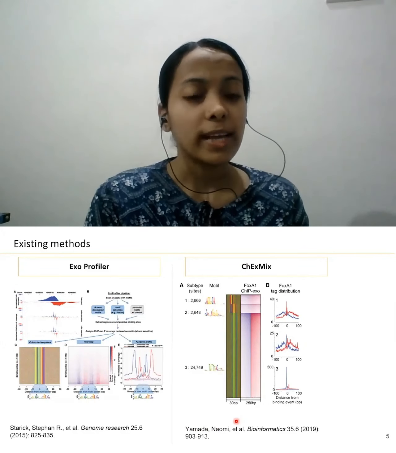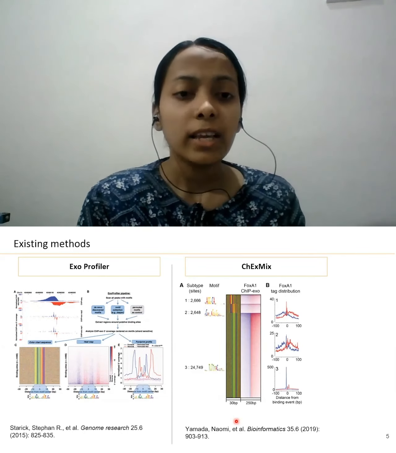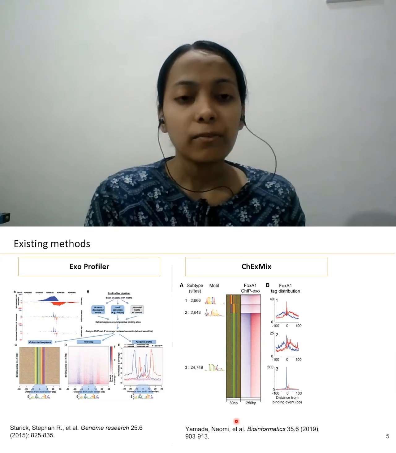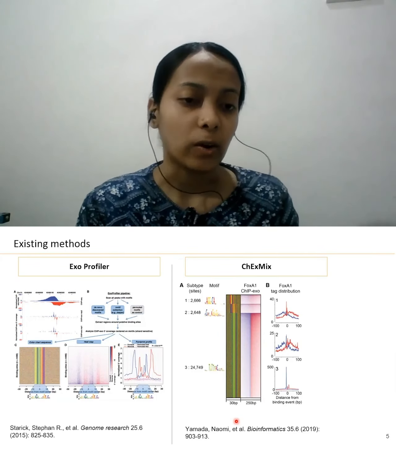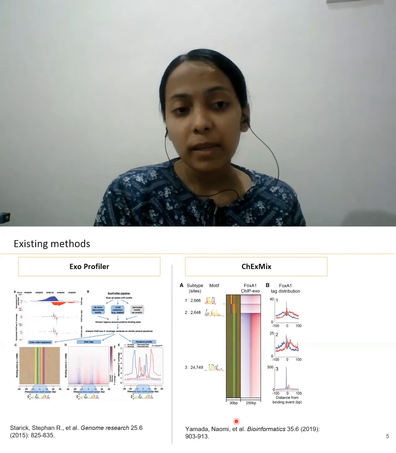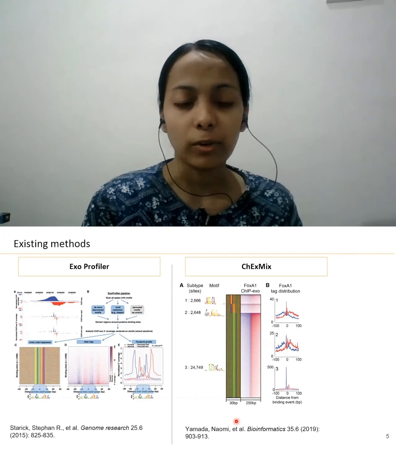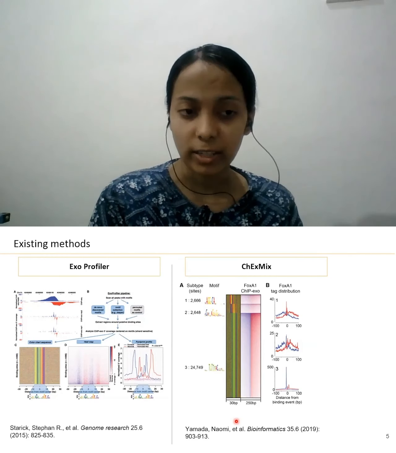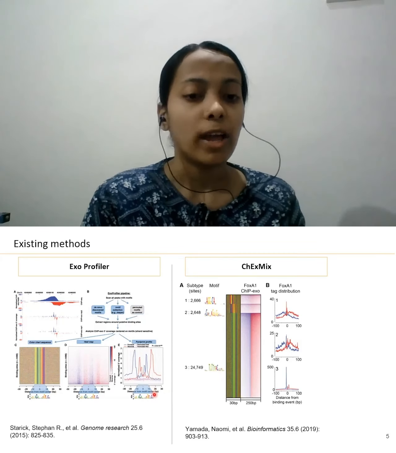Existing methods are like ExoProfiler by Starik et al. They use motifs which are known either from a motif database or from de novo motif discovery algorithm results. And then they scan these peak regions with these known motifs. For every motif, they calculate the read coverage on both the forward and the reverse strand, and then they plot the sequence heat map and the read profiles for every motif.